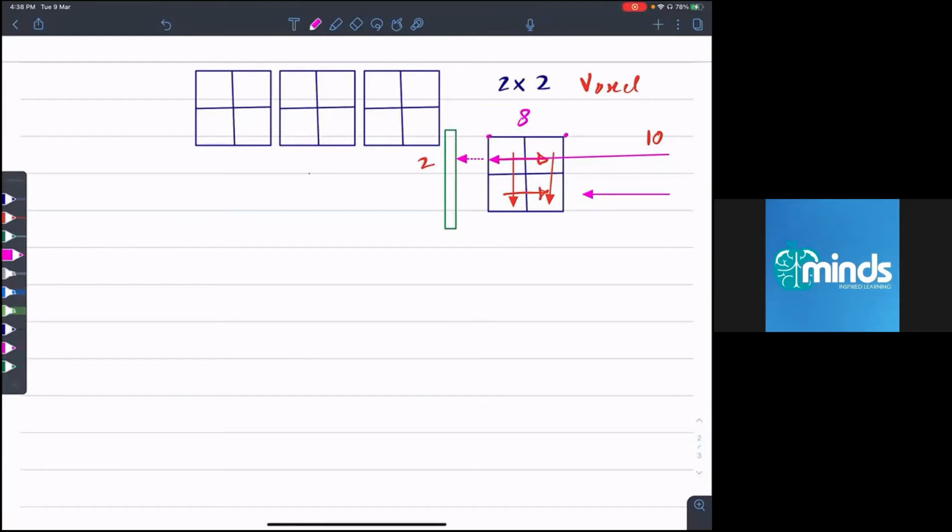Quite possibly 6 is absorbed here and 2 is absorbed here. Or quite possibly 1 is absorbed here, 7 is absorbed here, or quite possibly 5 is absorbed here, 3 is absorbed here. But altogether, what is being absorbed is 8. Are you getting it? What I'm trying to say?